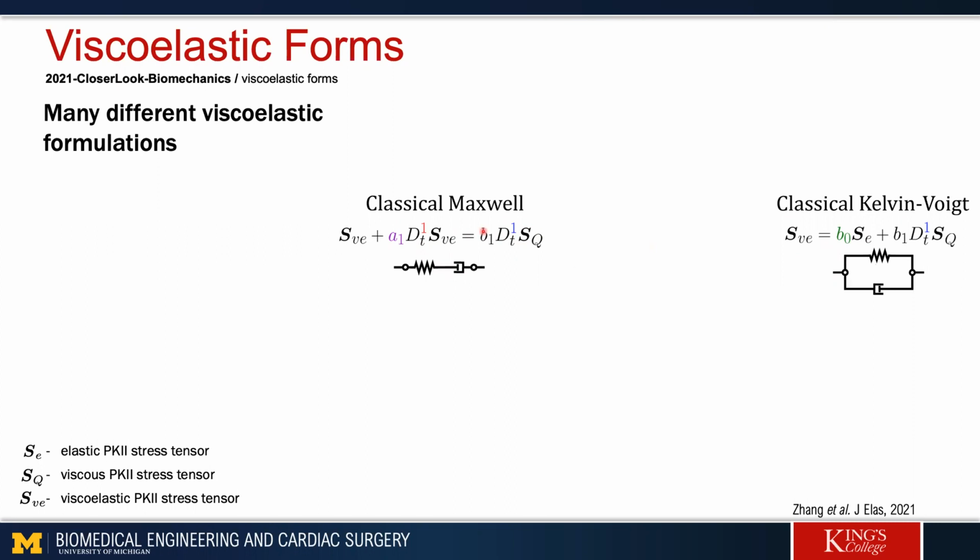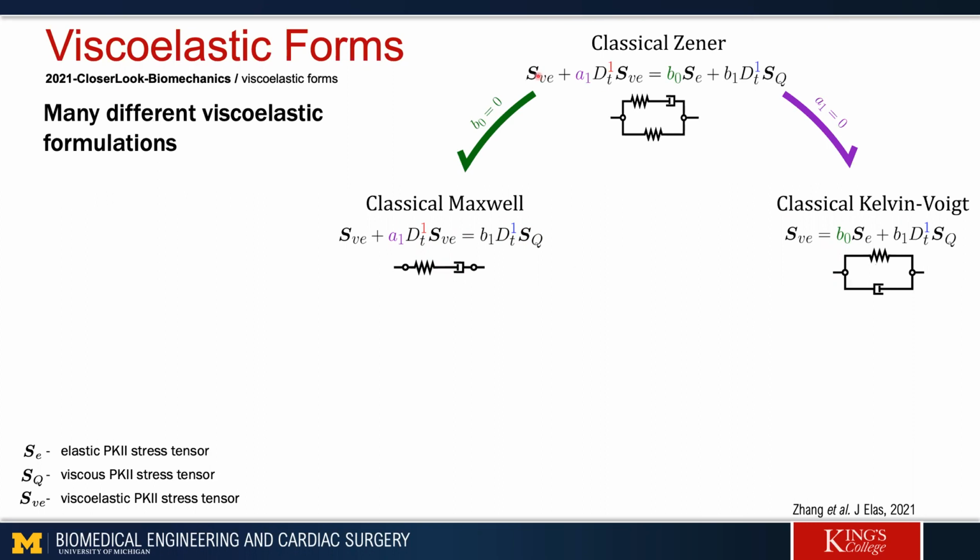Okay, so a generalization of these two is to have this sort of more generalized Zener model, where you basically combine these two, and by changing these parameters, this A1 and this B0, you can get back to either of these two forms. And so the fractional models are really just, again, a generalization of these.